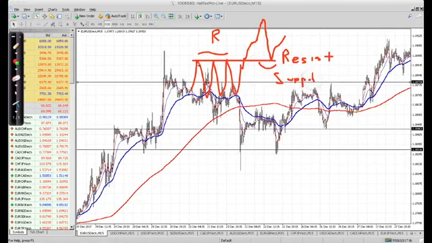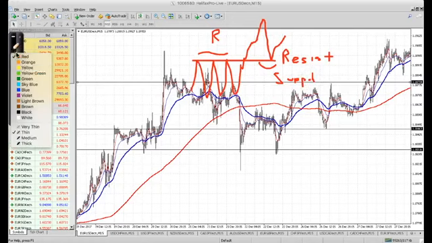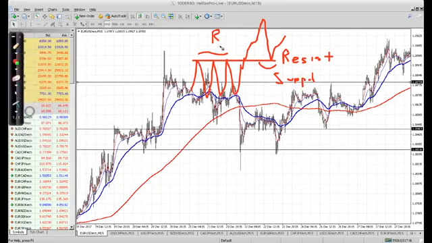So this is test 1, test 2, test 3, test 4. So this is considered a test of that level as well.